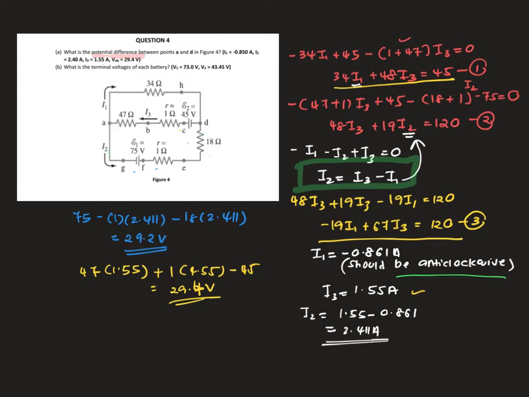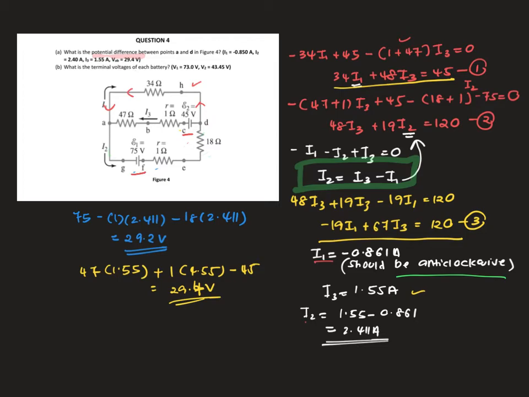The only negative I get here is for I1, which means my I1 is going to be anti-clockwise. But luckily, there's no battery at I1, so I don't have to worry about that. I'm just focused on the 45 volt here and 75 volt here.